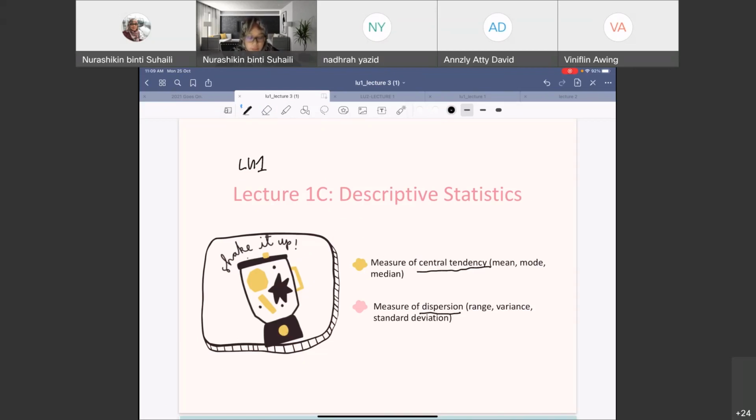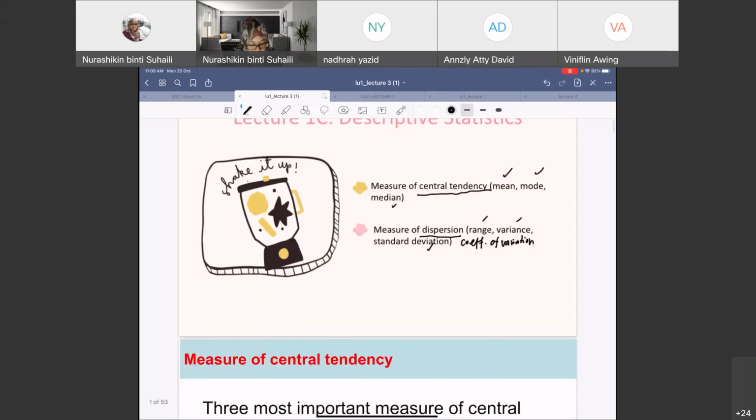Under each of these, there are some parameters we want to focus on. For central tendency, we're going to discuss mean, mode, and median. For dispersion, we will talk about range, variance, standard deviation, and I forgot something here, coefficient of variation.